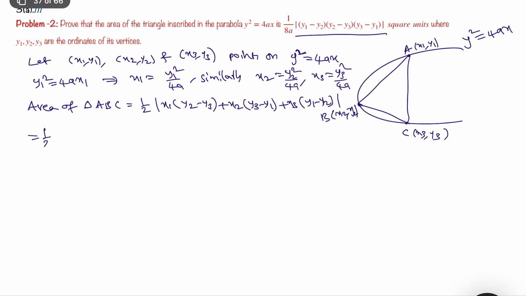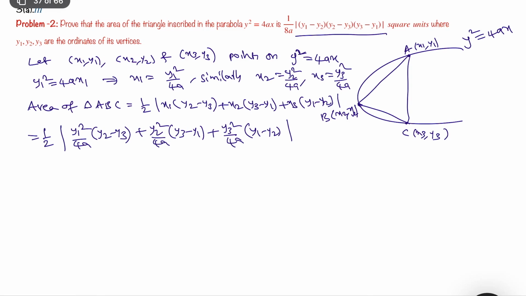Here you will have x1, which I am replacing with y1 square by 4a, times y2 minus y3, plus x2, replaced with y2 square by 4a, times y3 minus y1, plus x3, replaced with y3 square by 4a, times y1 minus y2.